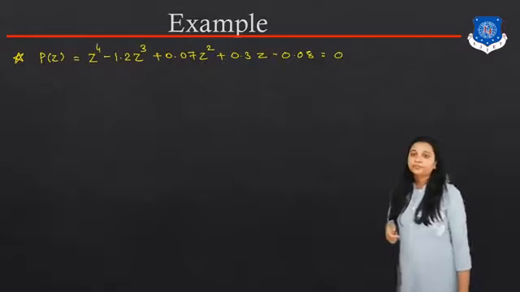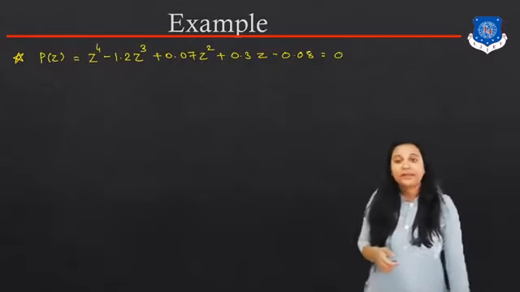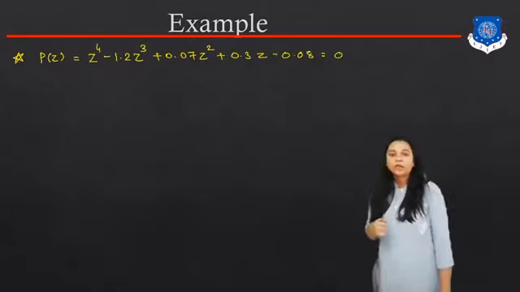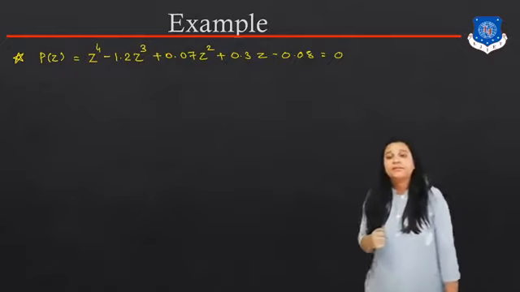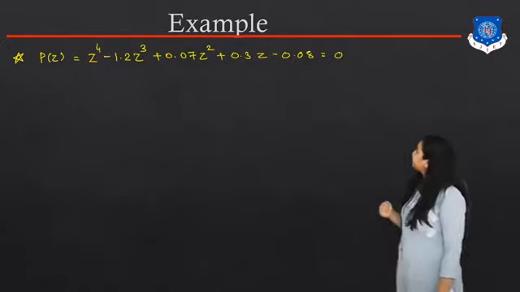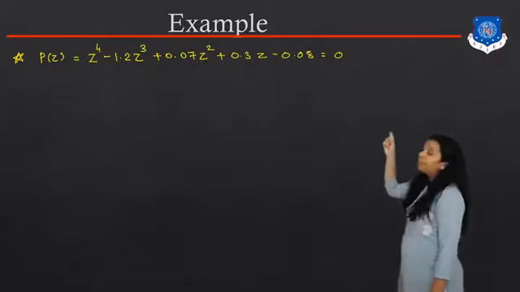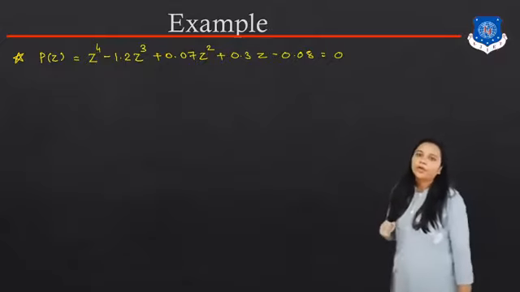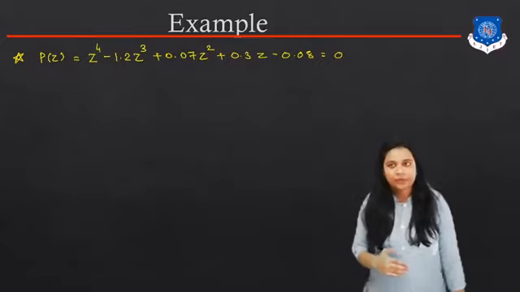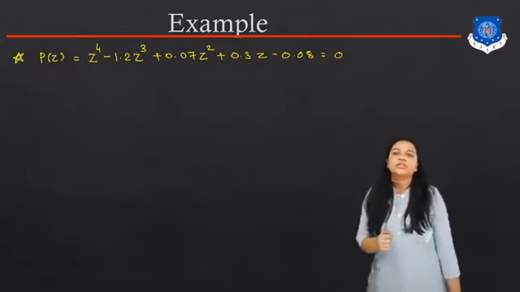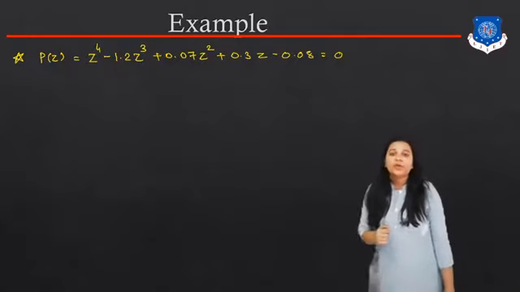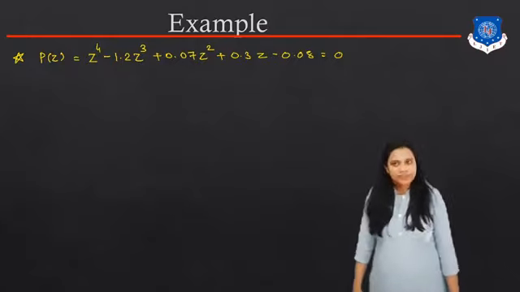Okay. Now, how is this Jury stability test applicable to a particular characteristic equation? Here the characteristic equation is given: P of z equal to z raised to 4 minus 1.2 z cube plus 0.07 z square plus 0.3 z minus 0.08 equal to 0.